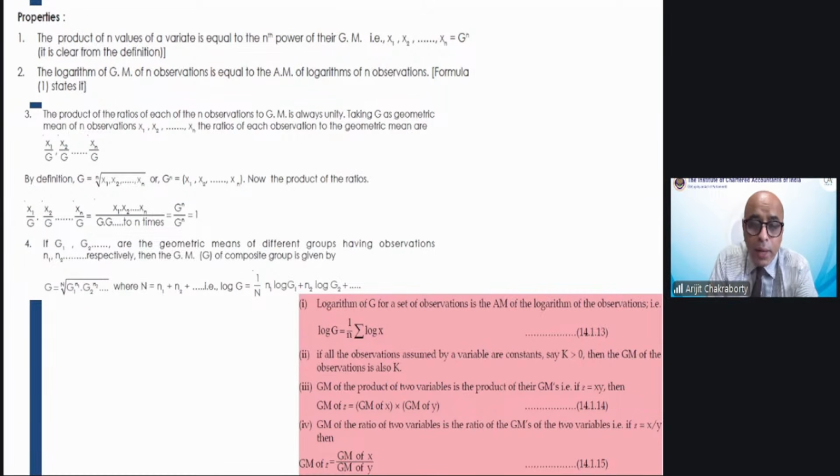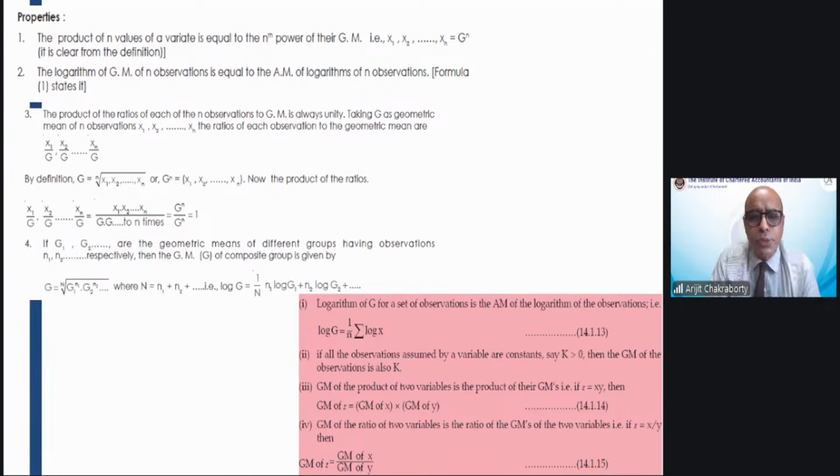Similarly, in another case, the geometric mean of the ratio of two variables will be simply the ratio of the GMs of the two variables. That means if z is equal to x divided by y, which is just the opposite of the last scenario where z was x multiplied by y, then the geometric mean of z will be equal to the geometric mean of x divided by the geometric mean of y.